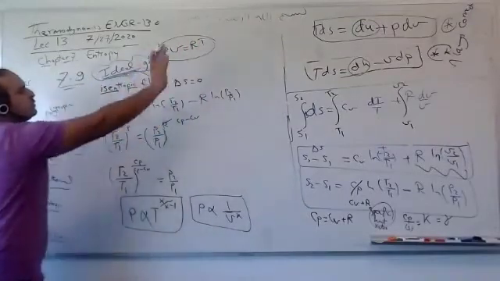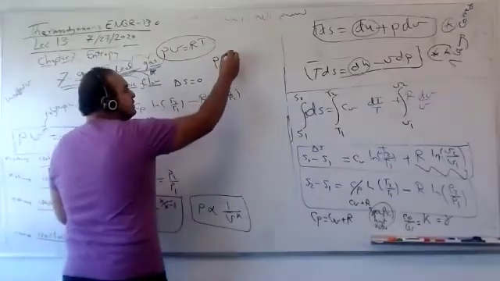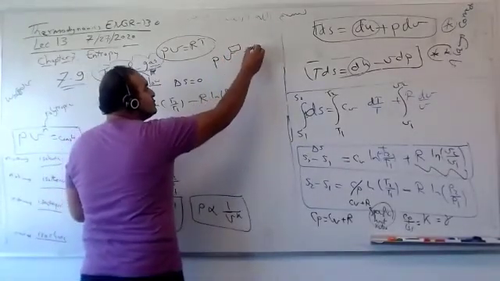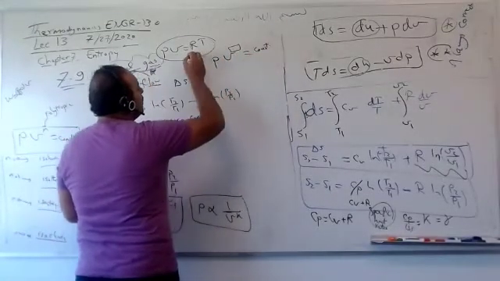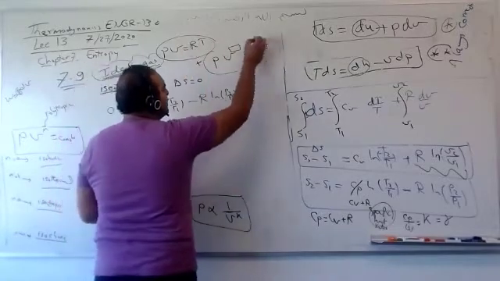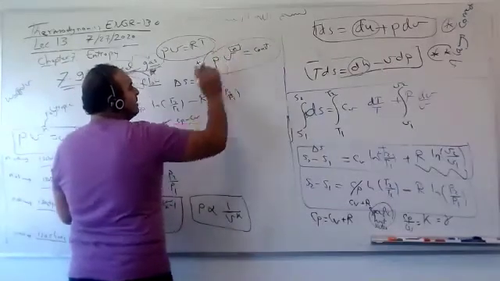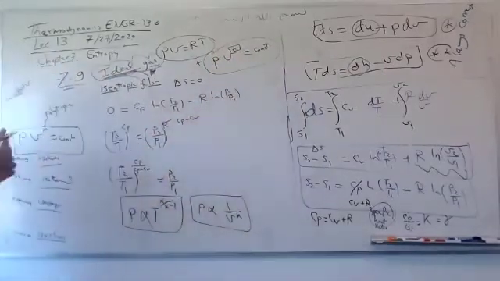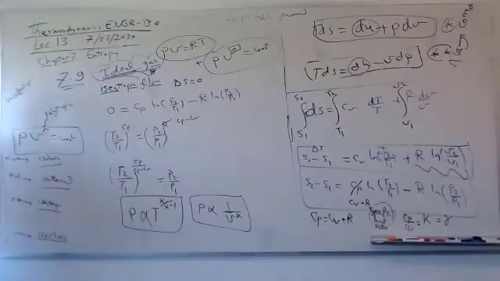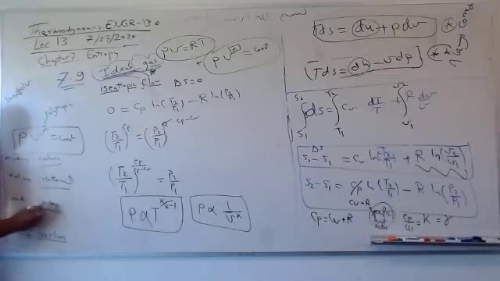Sometimes P times V to a certain power also equals a constant. So this equation is always correct, and sometimes this is also correct with a power, for example N. If N equals K, where K is the specific heat ratio, we call it isentropic.